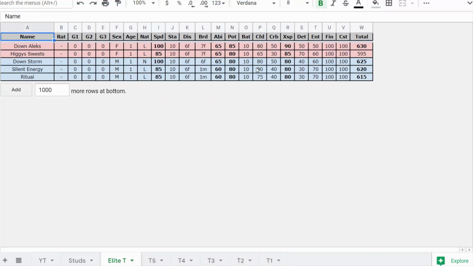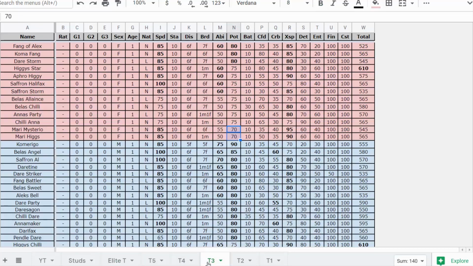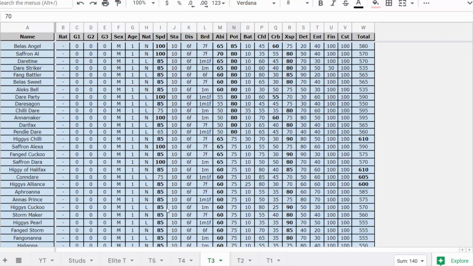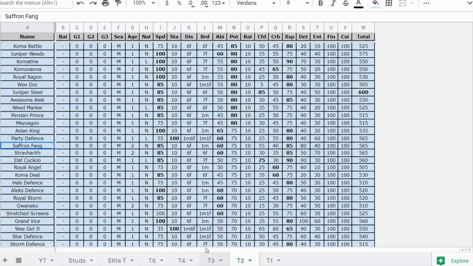So my elite list looks really nice. It really does. But if there's not room for some of these horses on it, like Saffron Fang, seeing what Saffron Fang has done, that means we can't be that harsh.